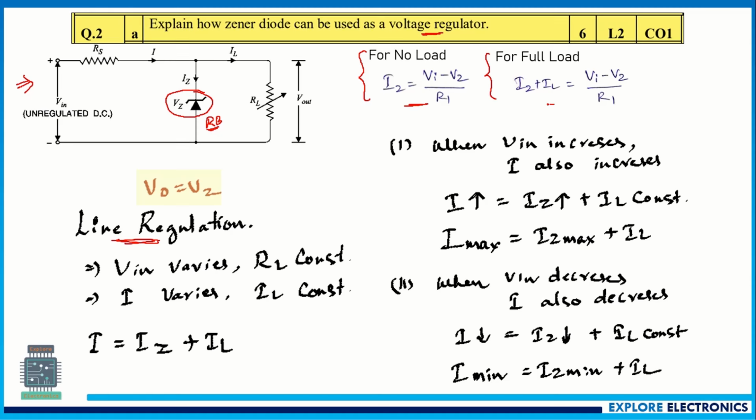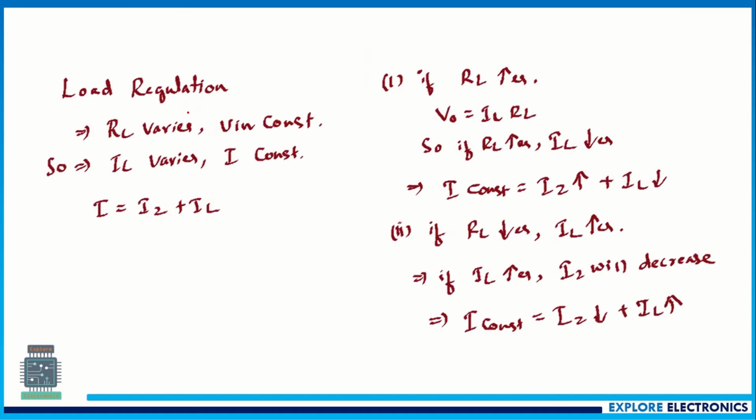For no load condition and full load condition, these are the current expressions. If you consider line regulation, here line regulation means Vin varies, so this is variable, and RL is constant. In such a condition, these are the expressions we are going to get, the variation in the currents. And in load regulation, we vary RL and keep Vin constant.